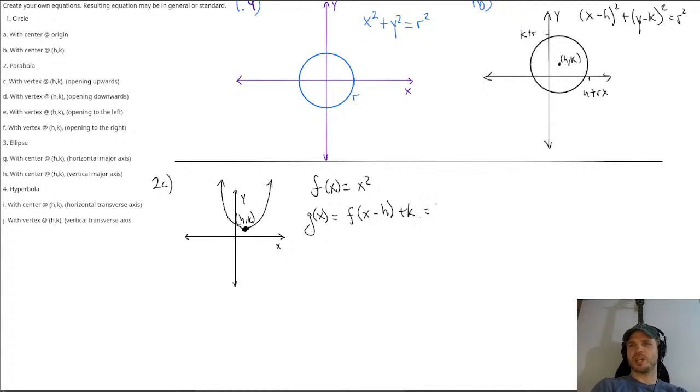And so what would that be? That would be (x minus h) squared plus k. And that's actually the function that we're looking for. You don't need to write all of that. I just wrote that to help you understand how I formulated it.